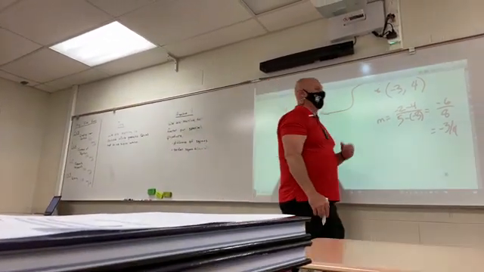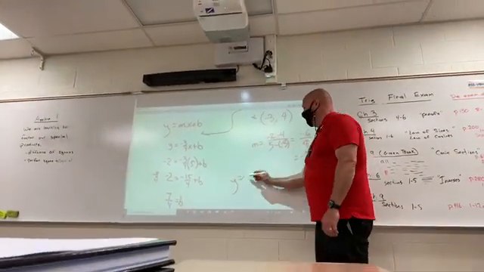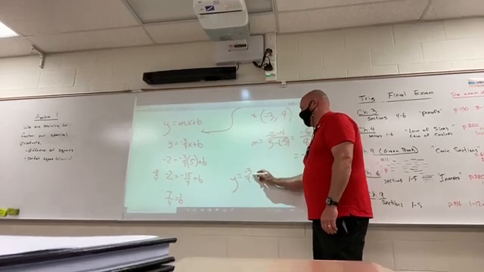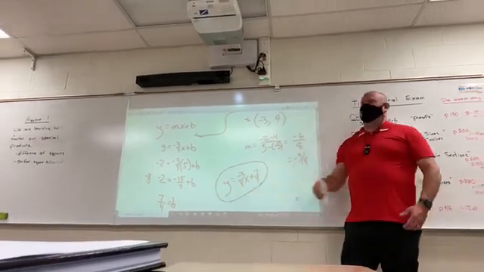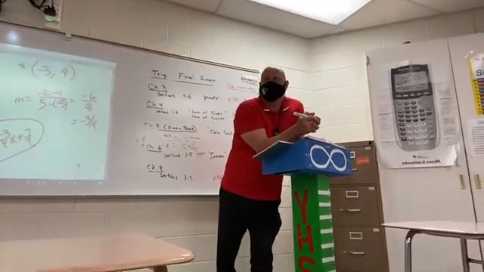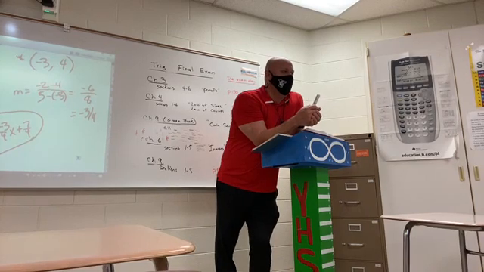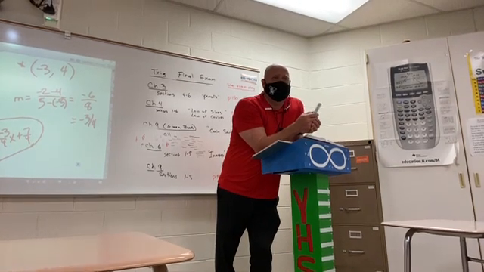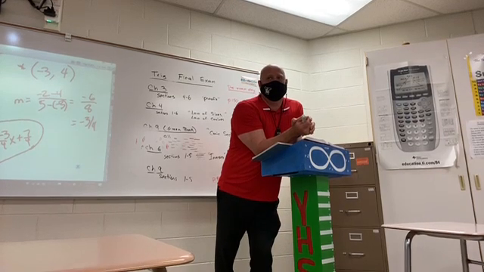So my final answer would be something like y equals negative 3/4 x plus 7/4. Now, that was an ugly one because I just made up the numbers. Odds are on the exam I won't give you one that has ugly fractions like that, but be prepared to do those.